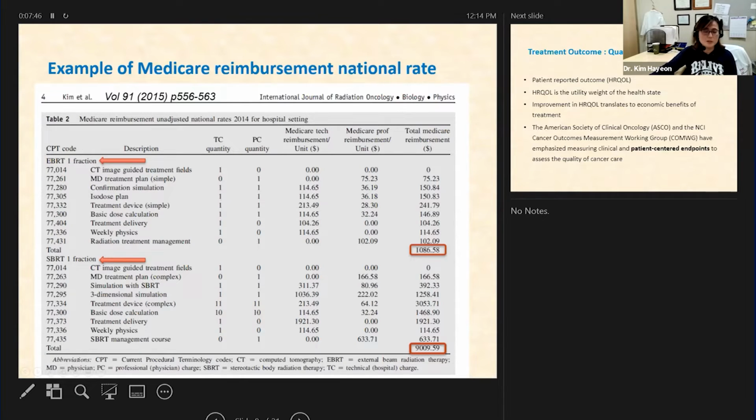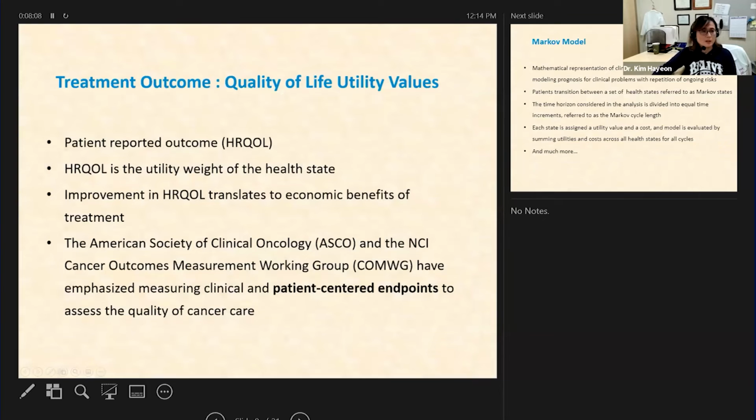So Medicare reimbursement reflects that SBRT is 9 times higher than EBRT 1 fraction in terms of all the procedure codes, and it gives a big difference in terms of dose delivery, and also simulation and dose calculation. Treatment effectiveness is more likely from the quality of life utility values.